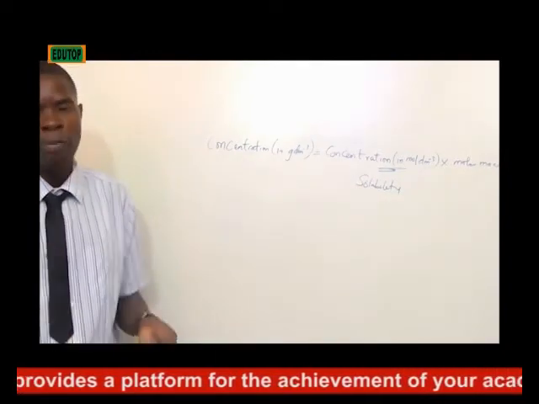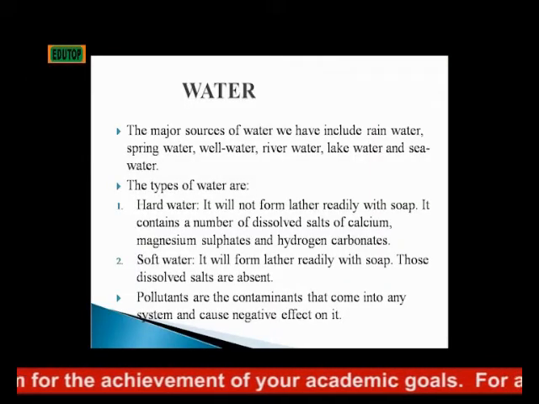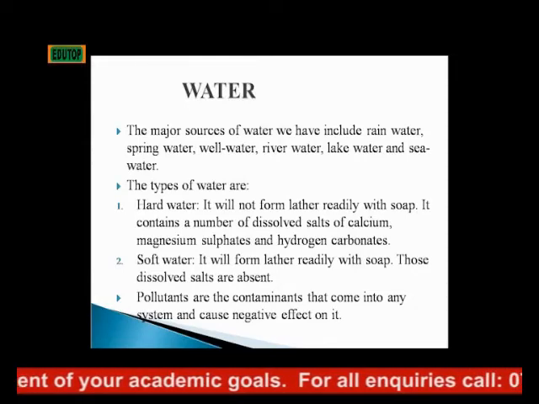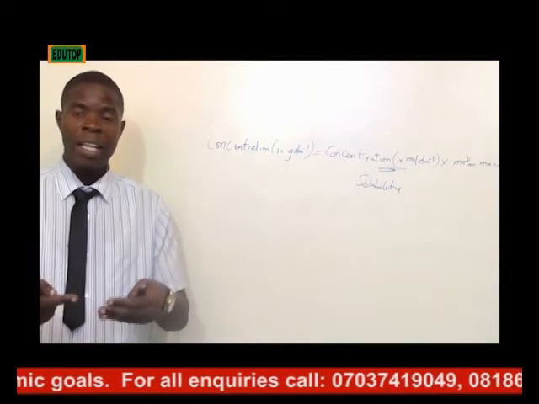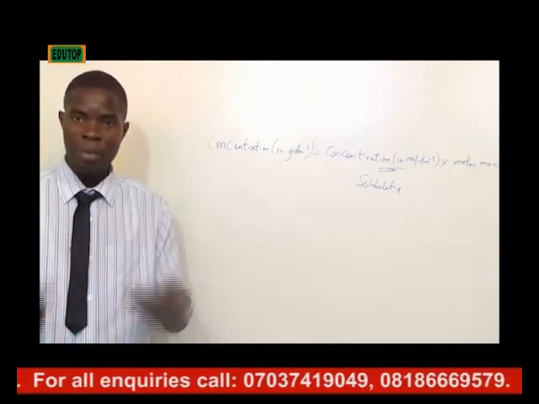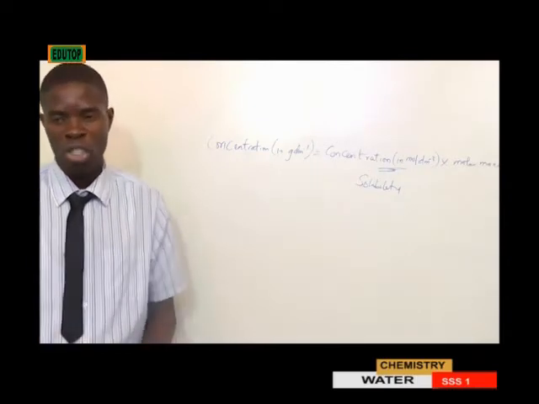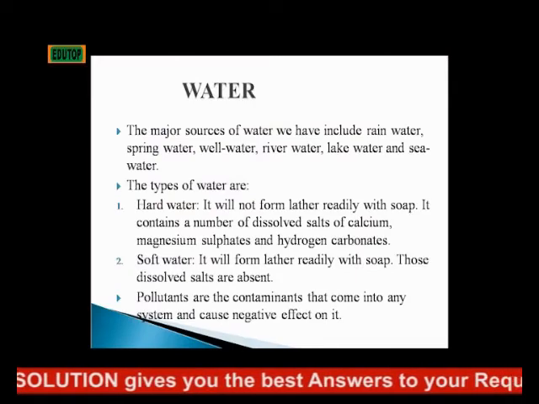Soft water. It will form lather readily with soap. Those dissolved salts are absent. That is why lather can easily be formed to ensure effective washing. Pollutants. What are pollutants?